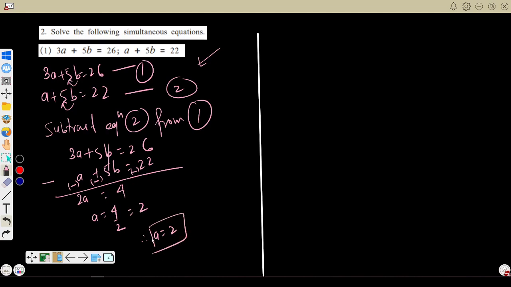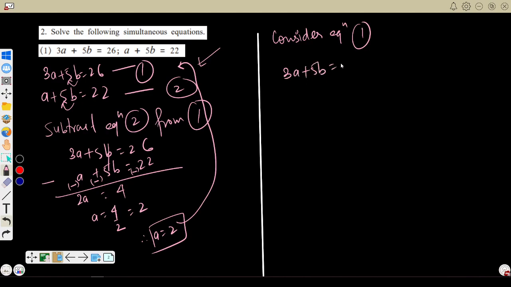Fine. Now I need to find the value of b. So how to solve this? I will put a is equal to 2 in any one of the equations. So for now, I will consider equation 1, that is 3a plus 5b is equal to 26. Here I will put a is equal to 2.